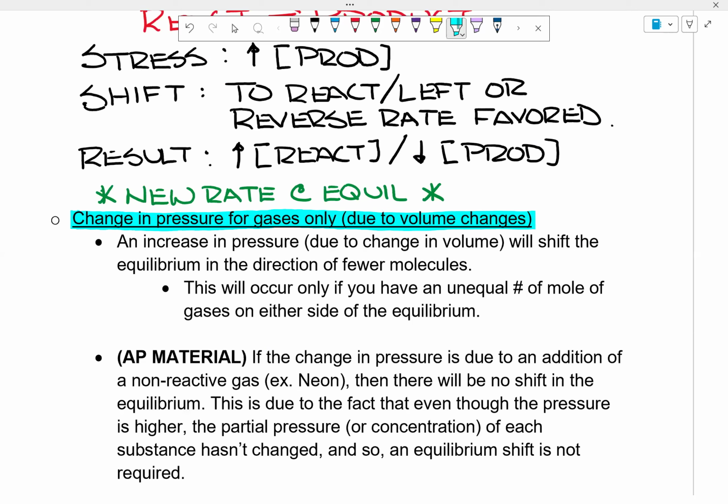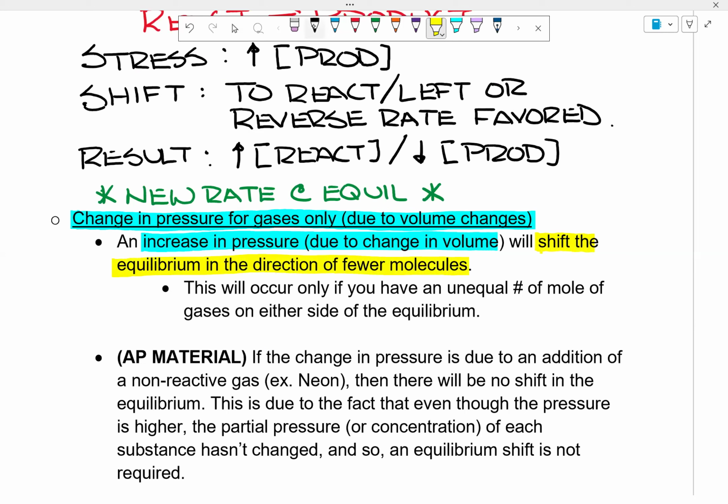If you are an AP, I will talk about change in pressure due to an increase of non-reactive gas in a second. So an increase in pressure due to a change in volume will shift the equilibrium in the direction of fewer molecules.